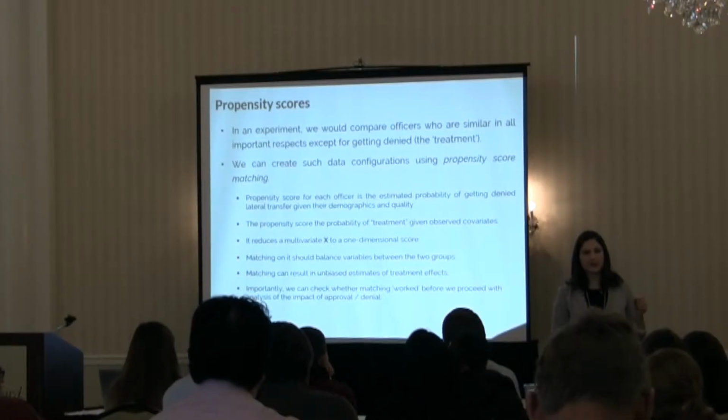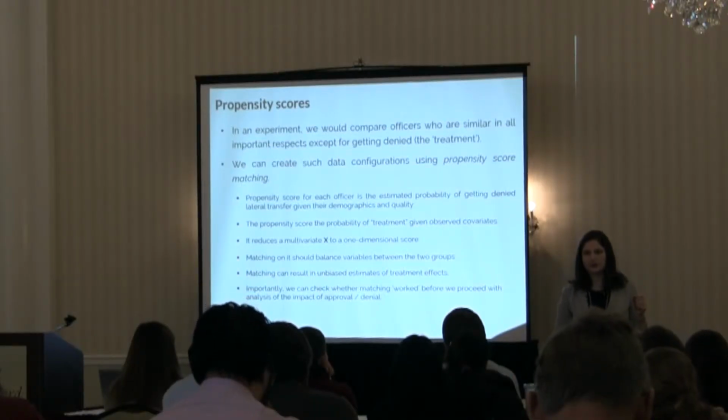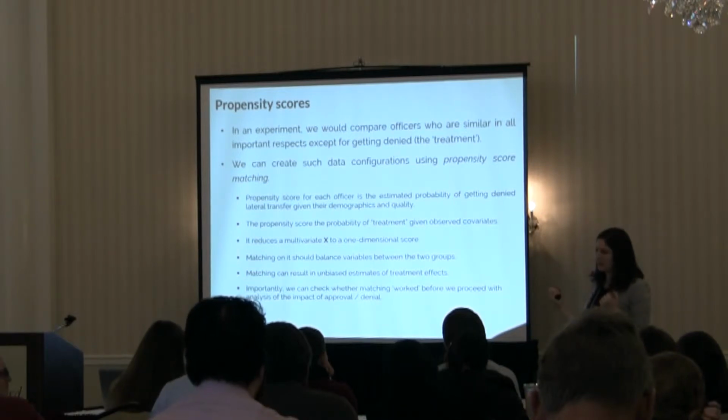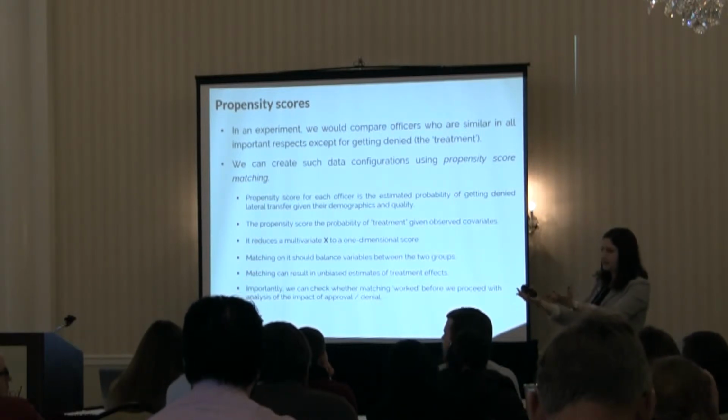So the propensity score is each subject's probability of being exposed to treatment, right? So my probability of getting denied, that's my propensity score. Steve, your probability of getting denied is your propensity score. Now, there's obviously a true score out there somewhere for both of us. We'll never know what it is, but we can estimate it. We can estimate it usually using logistic regression.